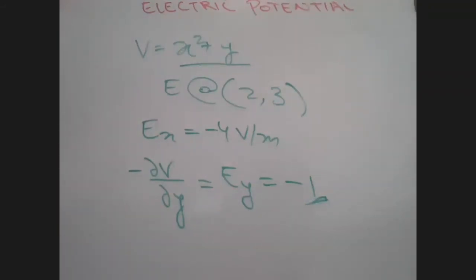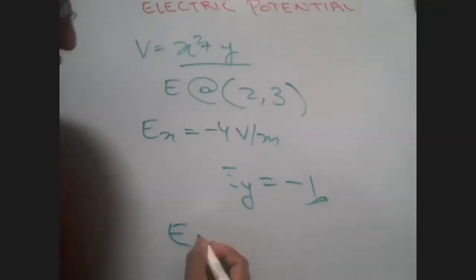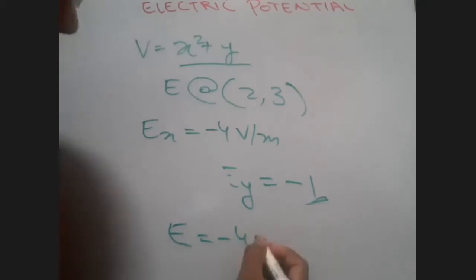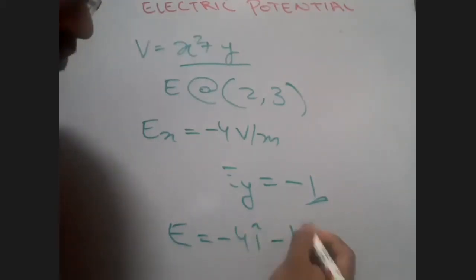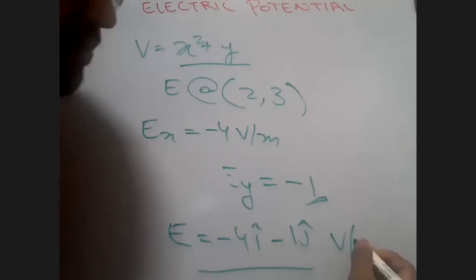So how can I write Ex and Ey together on the coordinate system? Can I write it as E equals minus 4 i cap minus 1 j cap? Can I write it like this? Yes, sir, in volts per meter.